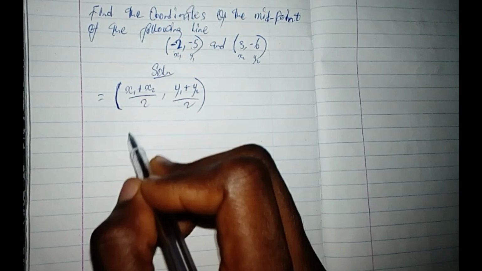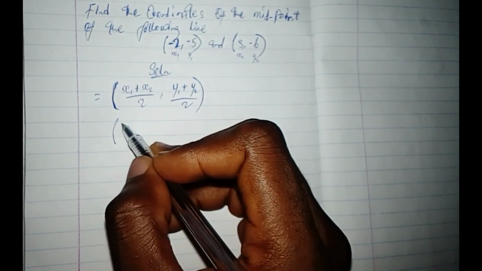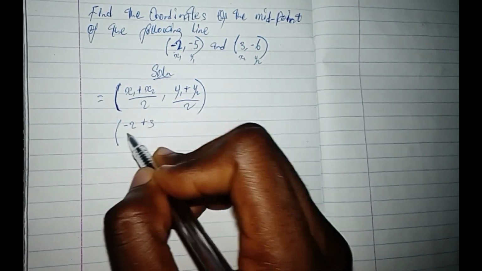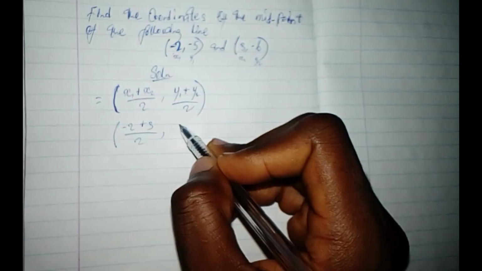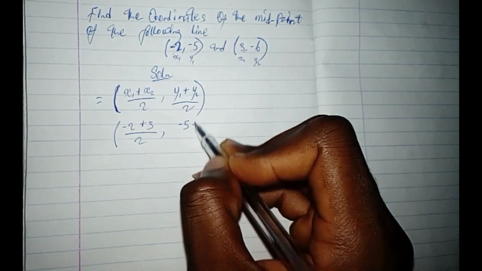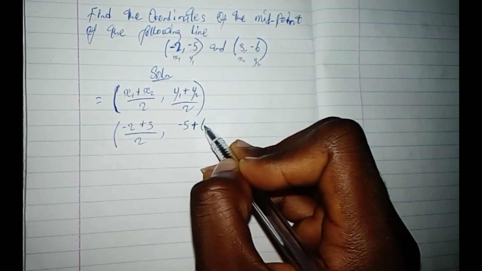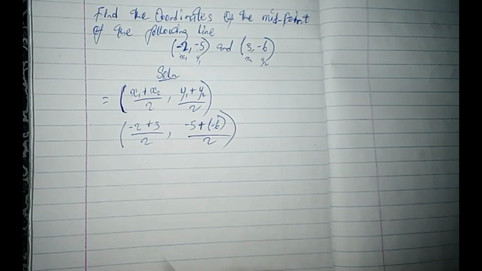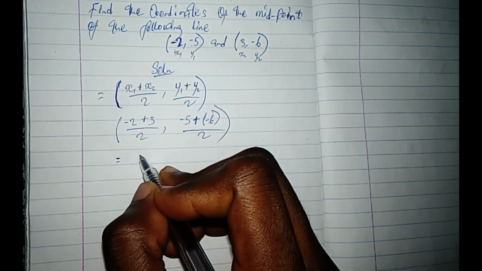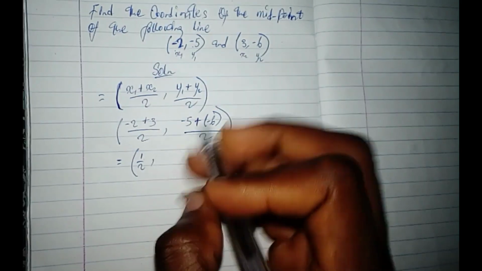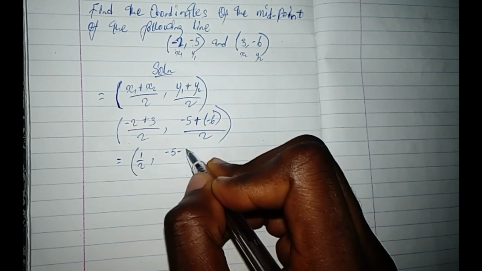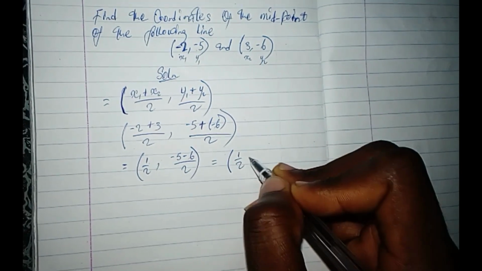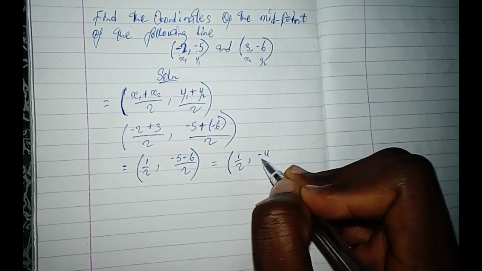So from the formula, we have x1 to be -2, plus x2 to be 3, over 2, and y1 to be -5, plus y2 to be -6, over 2. So this should be equal to 1 over 2, comma, (-5 - 6) over 2. And this is equal to 1 over 2, comma, -11 over 2.